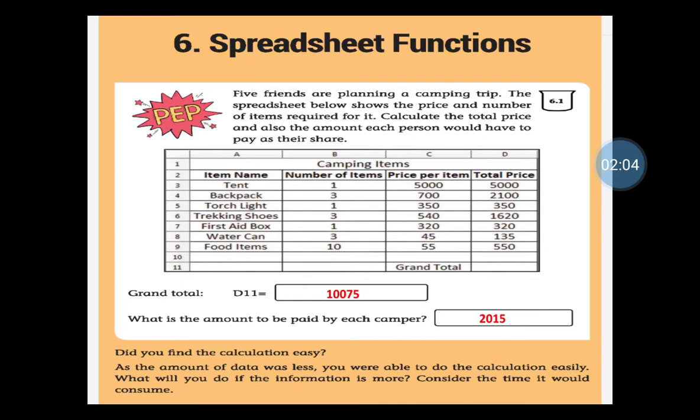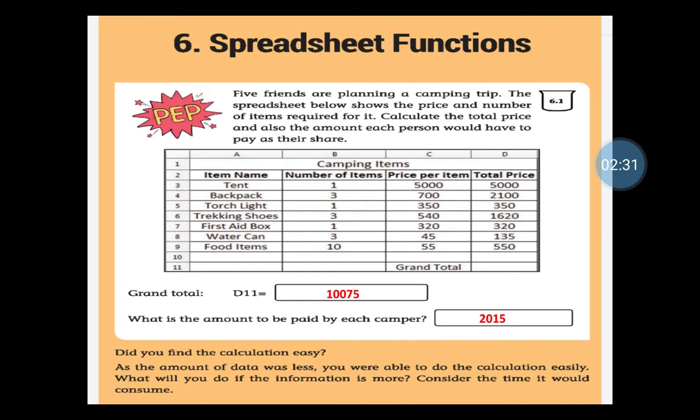So what you have to do, they have given all the details, but the total they have not done here. So your work is to calculate, to add all the total prices. After adding the amount, you have to divide the amount by 5, because 5 friends are going.